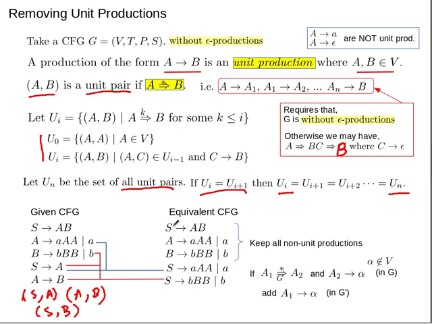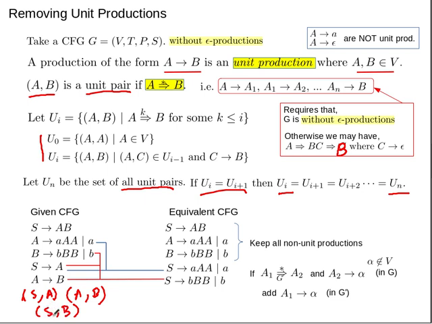Okay, we also have all the other S productions. So all the non-unit productions that we have in this CFG, we also keep here. We are keeping all the non-unit productions, but for the unit productions we add this. And here again, now we have discovered that SB is also a unit pair.